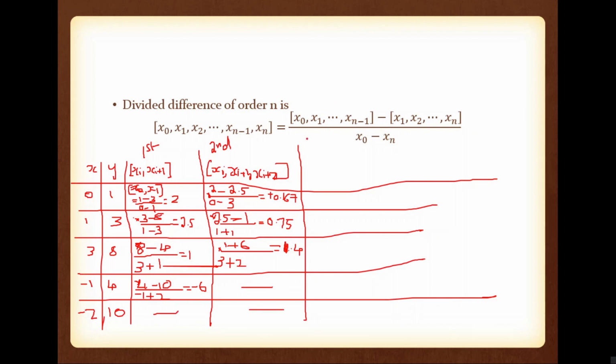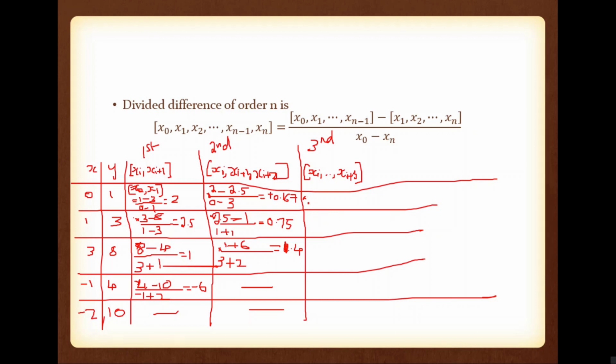Now we are going to find the third order divided difference. So we can write it as xi comma up to xi plus 3. So what is this element?